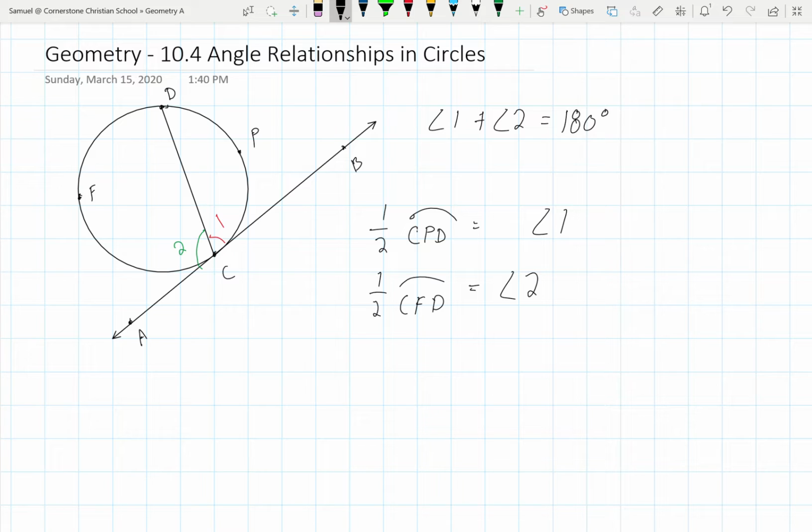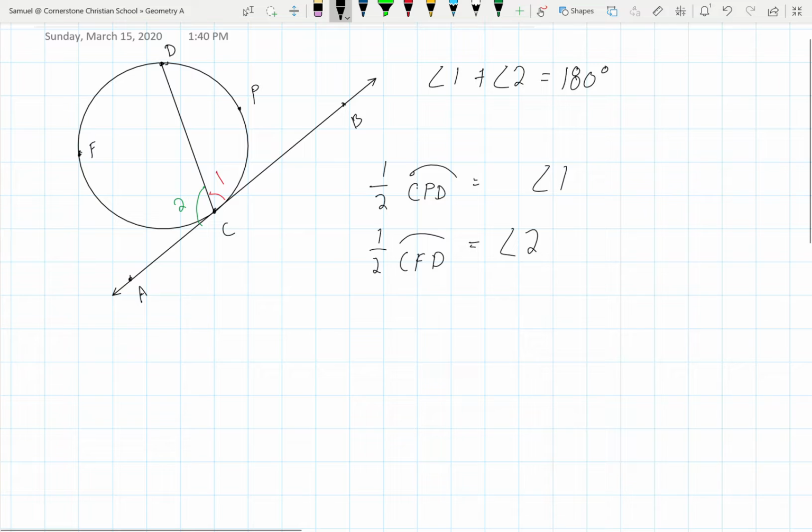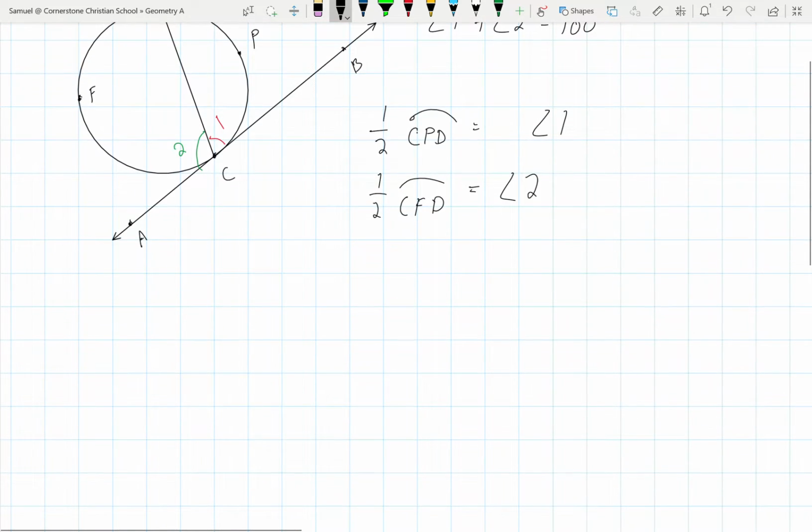So again, this relationship is very similar, if not the same concept as with inscribed arcs and inscribed angles, which was 10.3. So let's try another example.